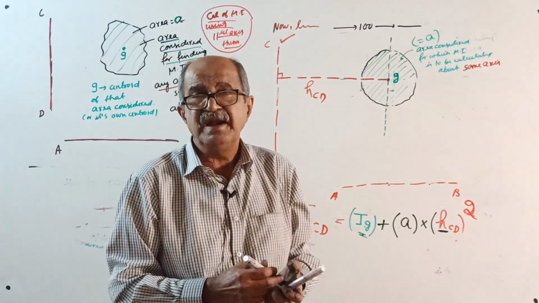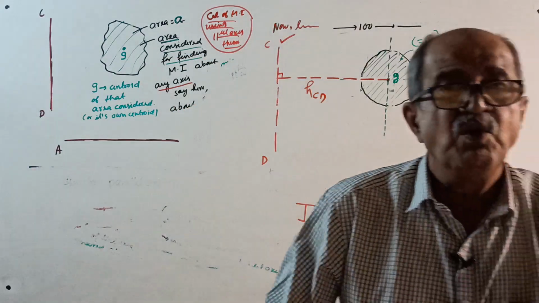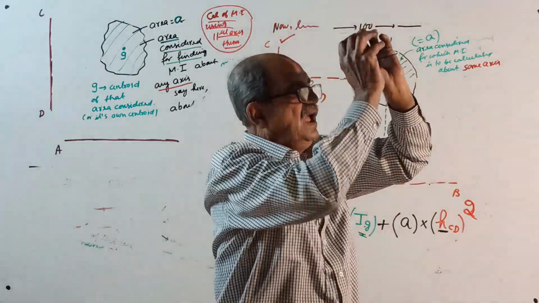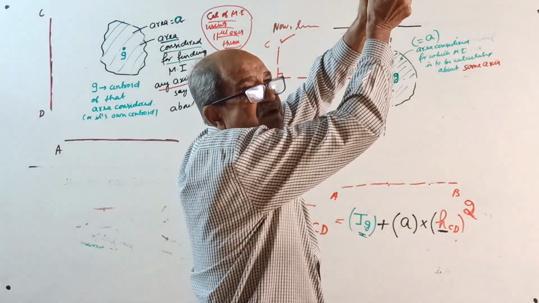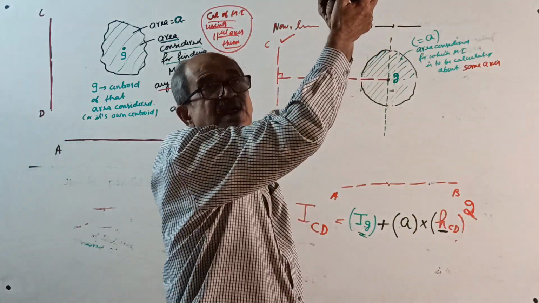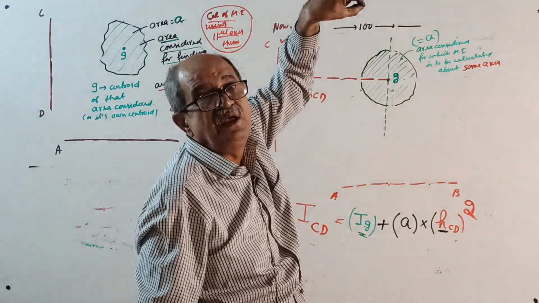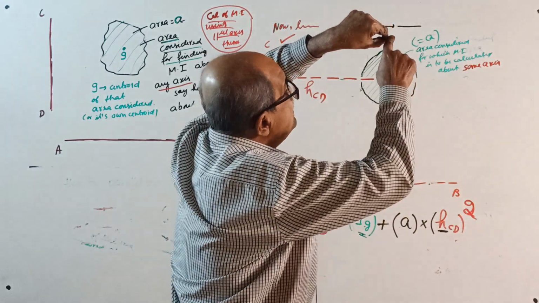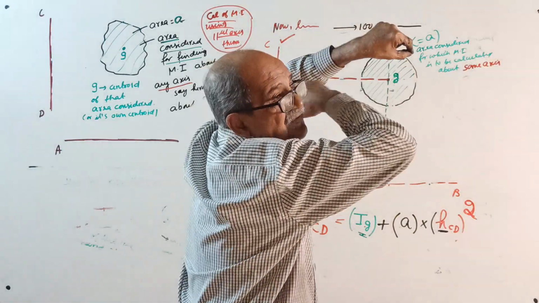Now, to understand correctly, I will tell once again. Without the board, some area is considered A. I want I about some axis here. Go to that area considered. Where is the centroid of that one? Mark it. Whichever axis you want the moment of inertia about, you imagine a parallel axis, its own centroidal axis.